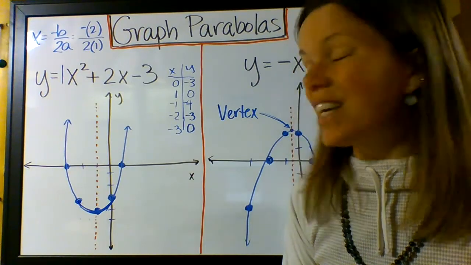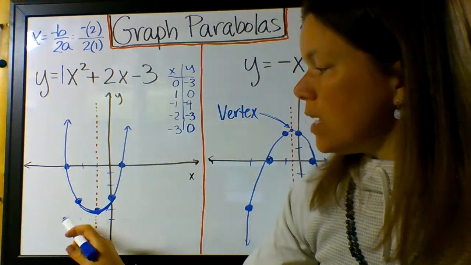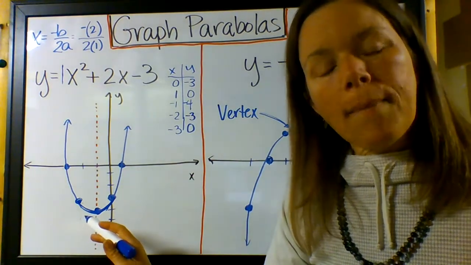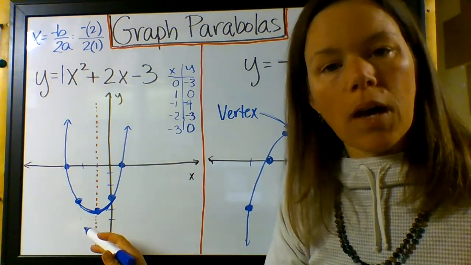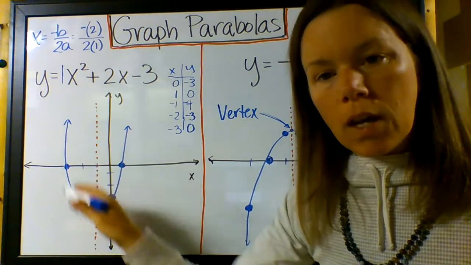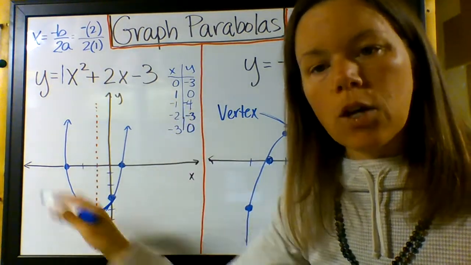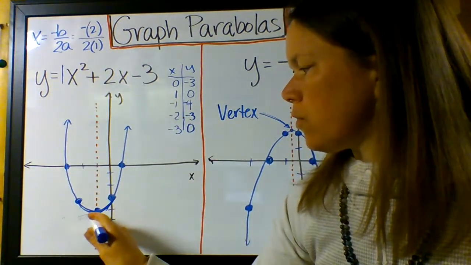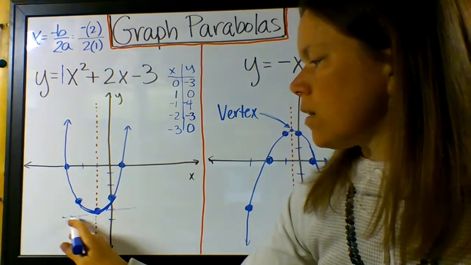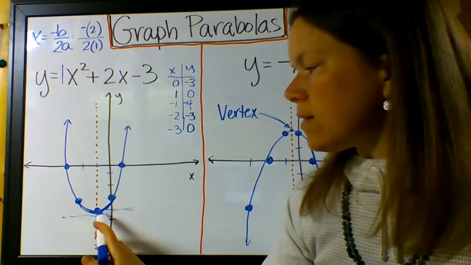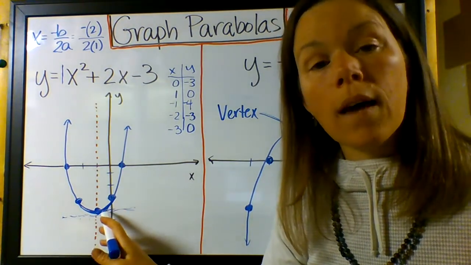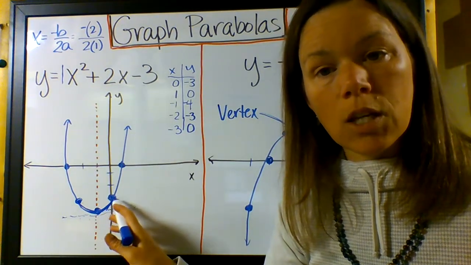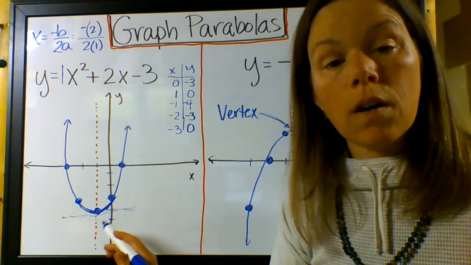Okay, let's take a look at this other concept. Functions sometimes have a maximum value and a minimum value, especially if they come down and go back up. This vertex down here is called a minimum value. This is the lowest y value of this equation, of this function, of this graph.